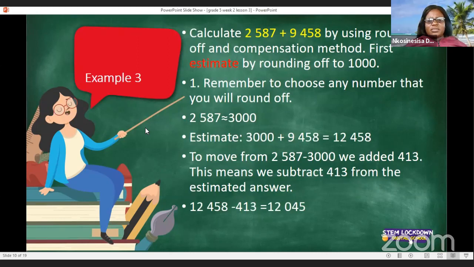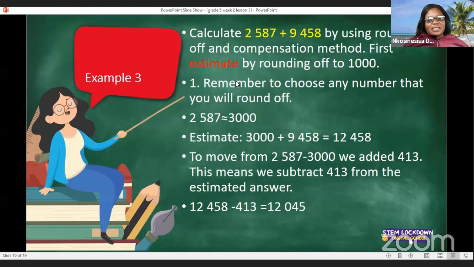Okay, so let's look at example 3. Calculate, now it is thousands. Calculate 2,587 plus 9,458 by using rounding off and compensation method.